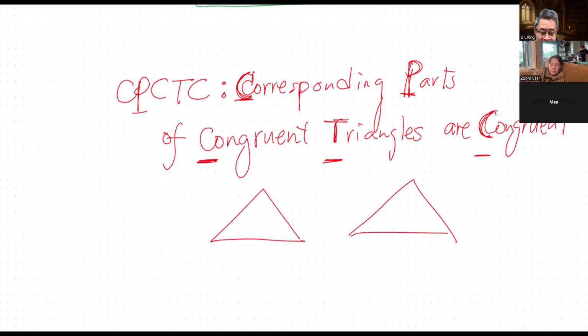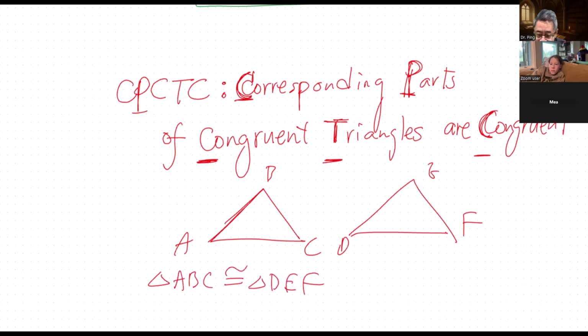So that means when you have two triangles that are congruent, just as we said early on, then all the parts are congruent. That means if we say triangle ABC is congruent to triangle DEF, then AB has to be congruent, or AB equal to DE, same length.